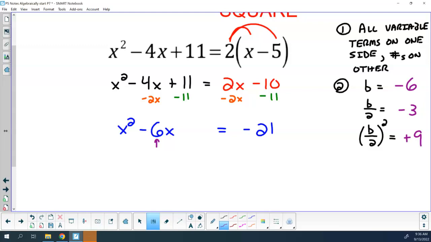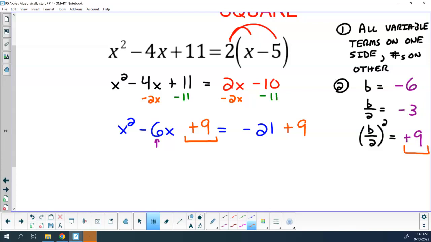Now, here's where things get a little funky. In this gap right here goes this b over 2 quantity squared term. So I'm going to fill that gap in with plus 9. But what have I done? Now I've got to do it to the other side. So I've got to add 9 to this side to keep that balance.